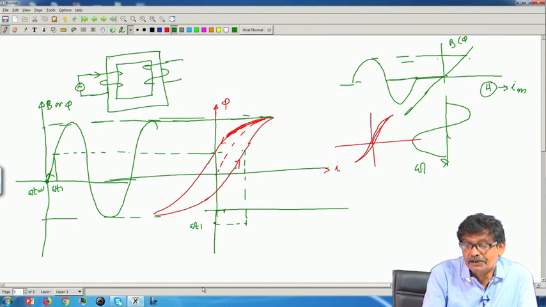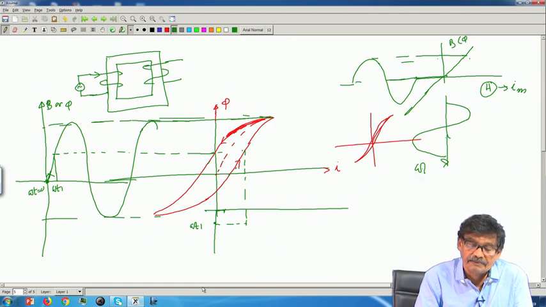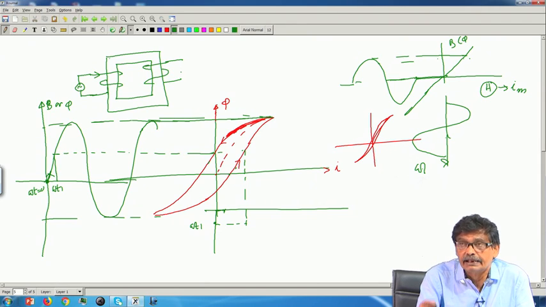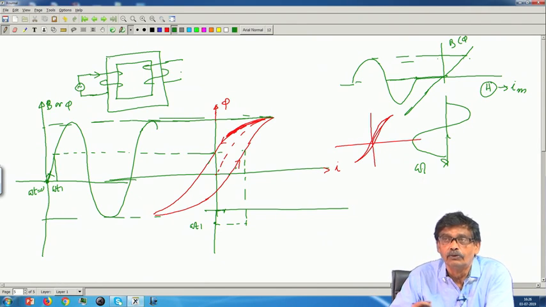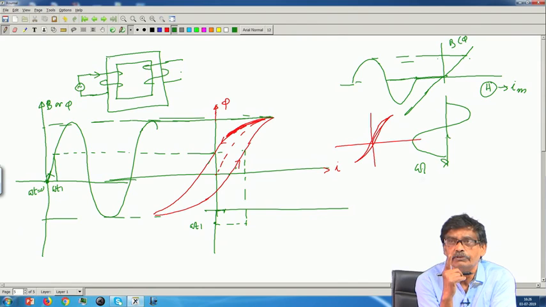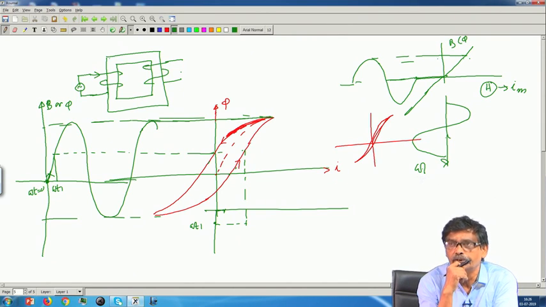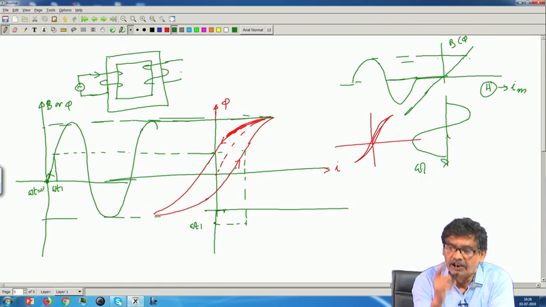Suppose it is 50 hertz, phi is changing, I want to create a 50 hertz flux, one frequency. And why do I want to create a single frequency flux here? Because my induced voltage across the secondaries, which is going to supply a load, will have a single frequency. I do not want any other harmonic component of voltage to be induced, only phi should be there.